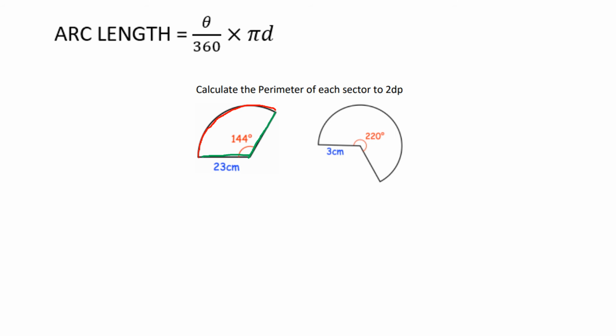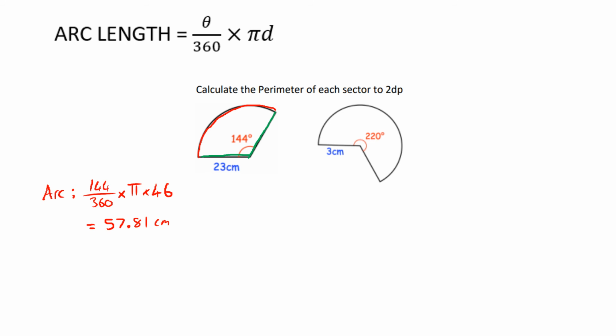So if we're doing this one on the left hand side, I'm going to find the arc length. I'm going to do what we did before, so 144 over 360 times pi, and then the diameter is 46. And because the question mentions decimal places, we should give this 2 decimal places. So it's 57.81, just about, centimeters.